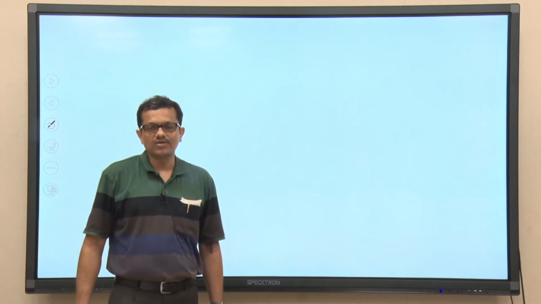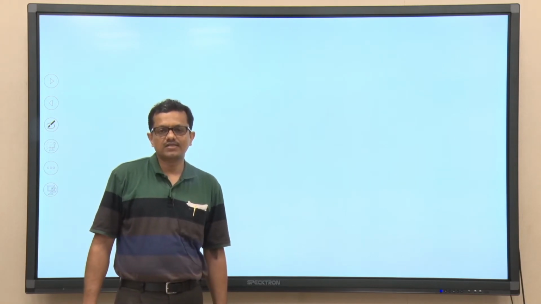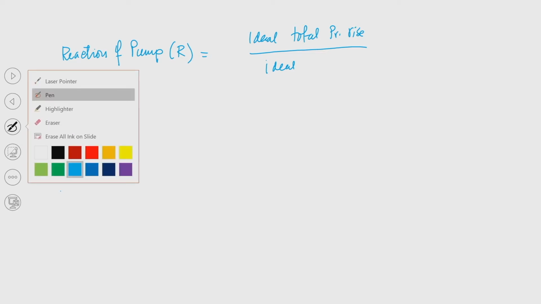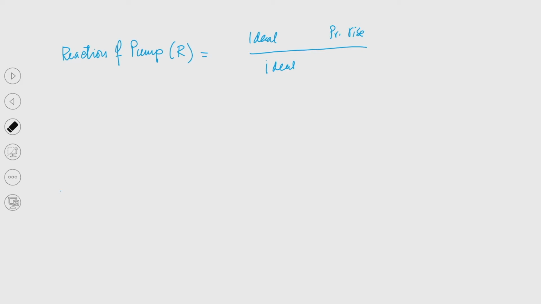In the last class we discussed the pump reaction and established its expression. Today, the reaction of a pump is the ideal static pressure rise divided by the ideal total pressure rise. Sorry, I had written this reversed.